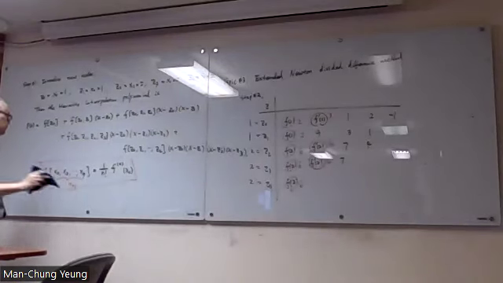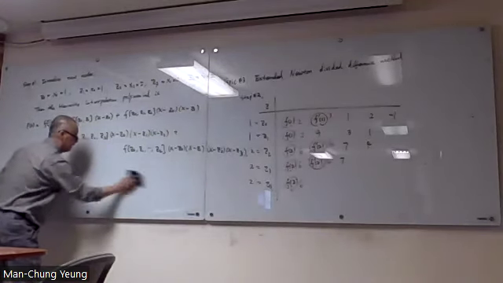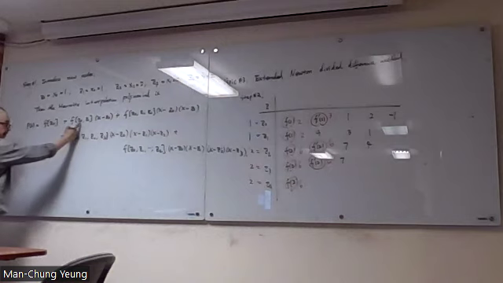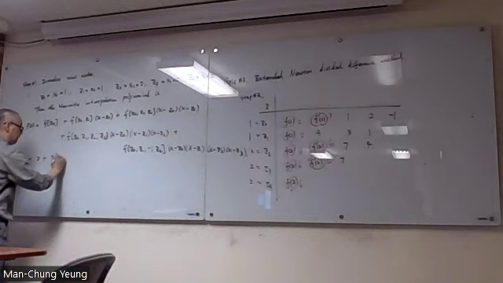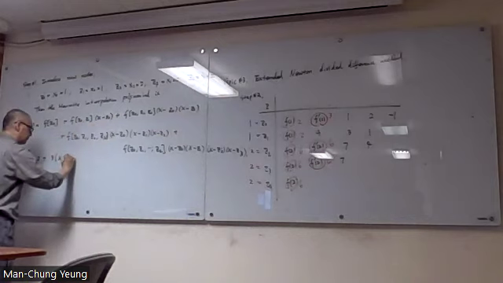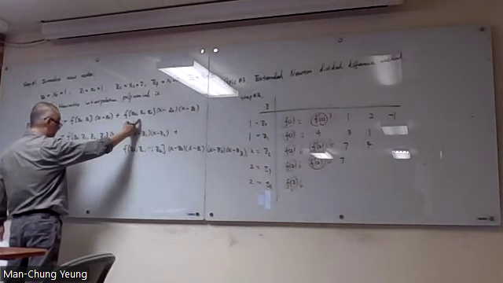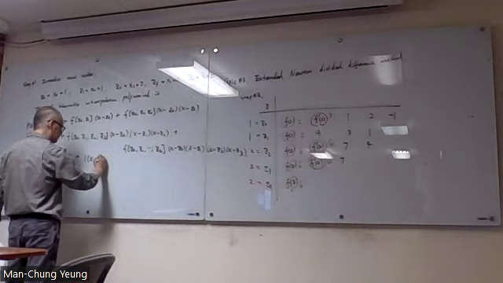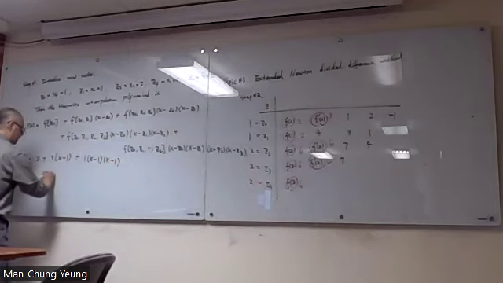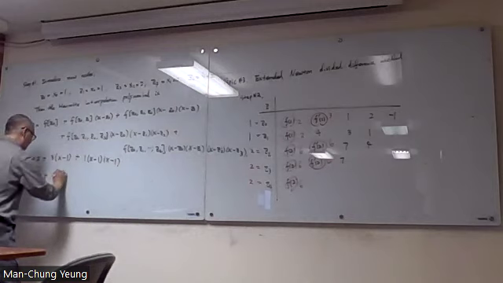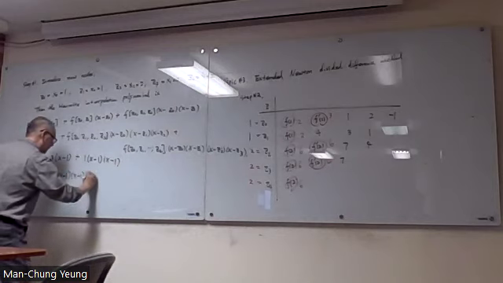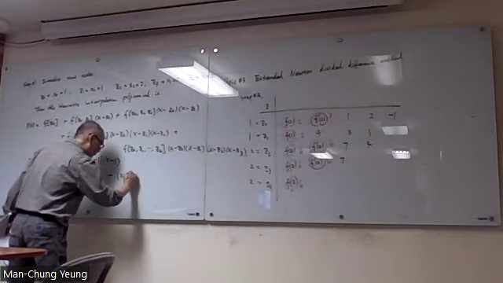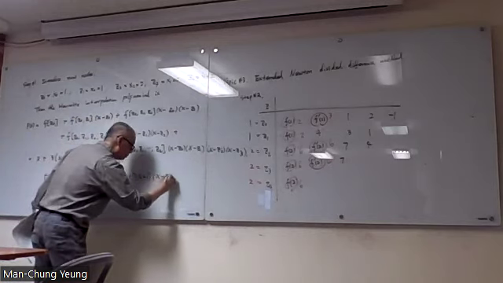Therefore, the Hermite interpolation is: F0, number 2, plus number 3 times (x minus x0), which is x minus 1, plus 1 times (x minus 1)(x minus 1), plus 2 times (x minus 1)(x minus 1)(x minus 2), plus negative 1 times (x minus 1)(x minus 1)(x minus 2)(x minus 2).